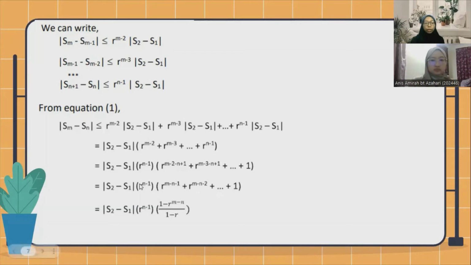And this is also equal to |S_2 - S_1| times r to the power of n minus 1 times (1 minus r to the power of m minus n) divided by (1 minus r).